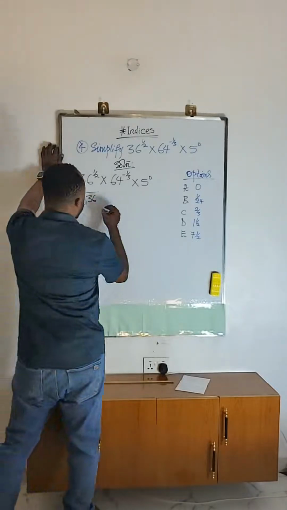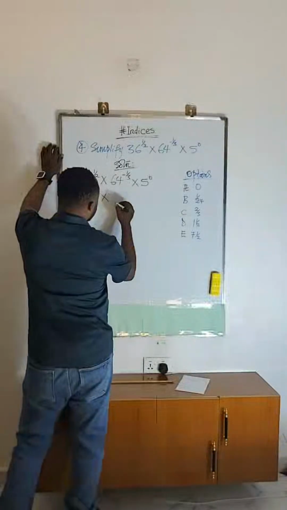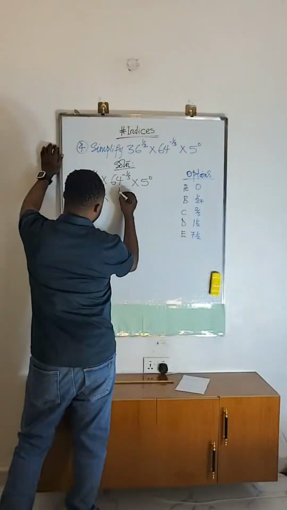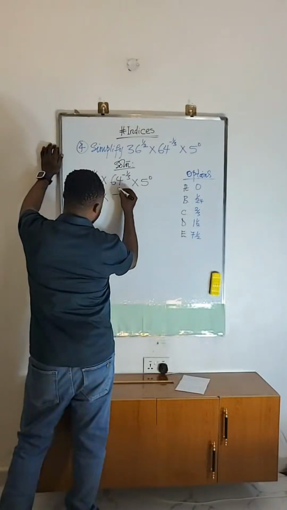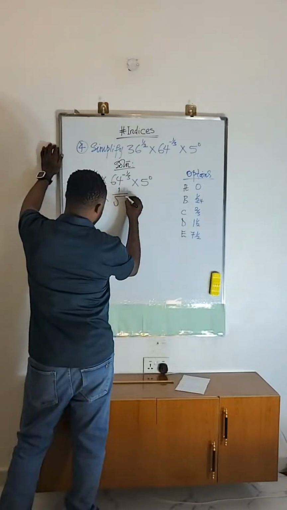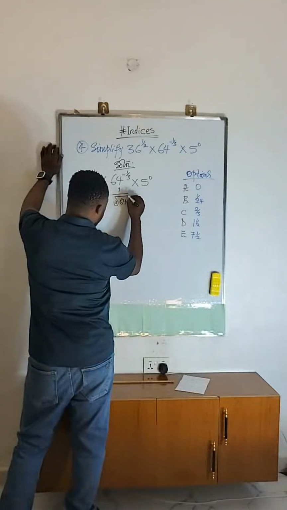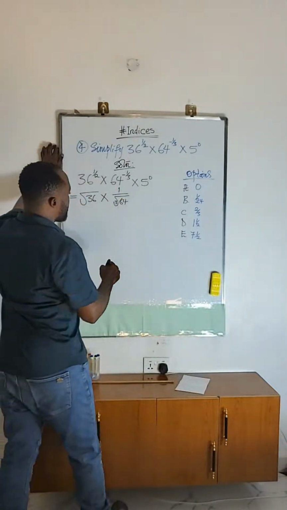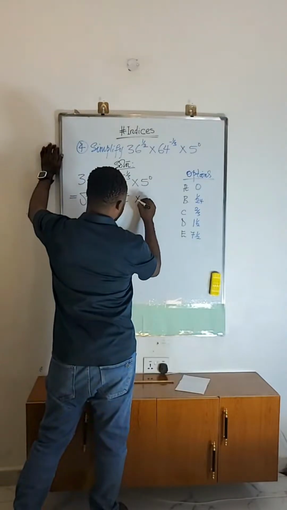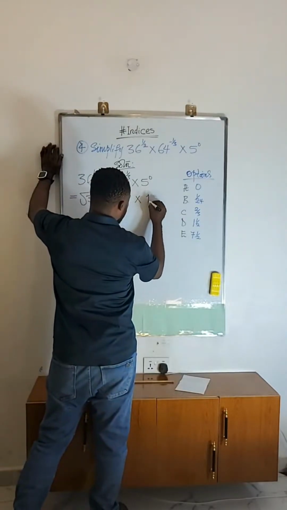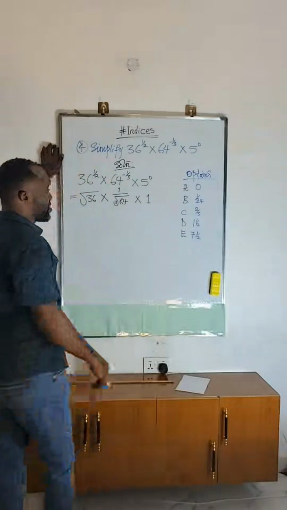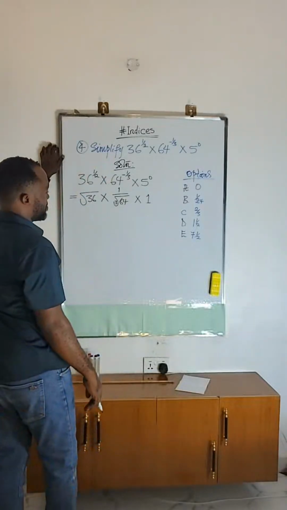Multiplied by 1 over cube root of 64. Cube root of 64 multiplied by 1, because any number raised to the power of 0 is 1.